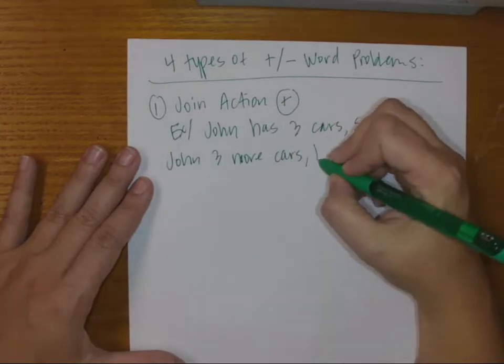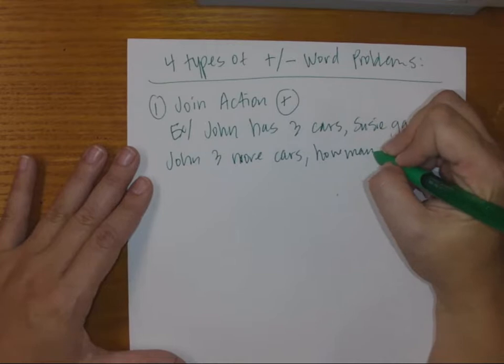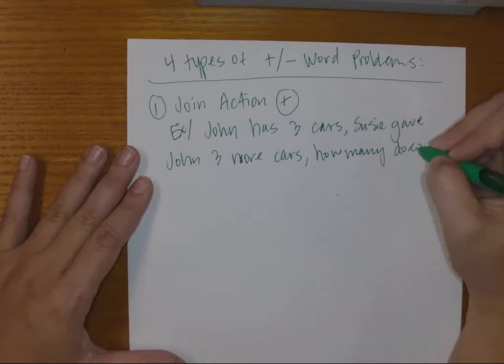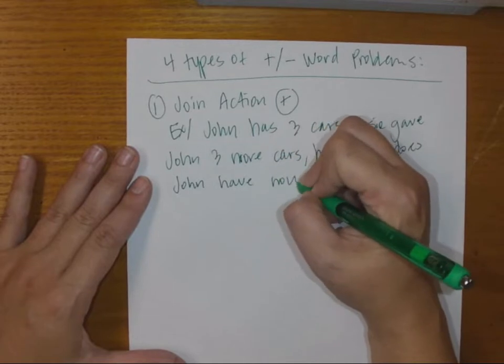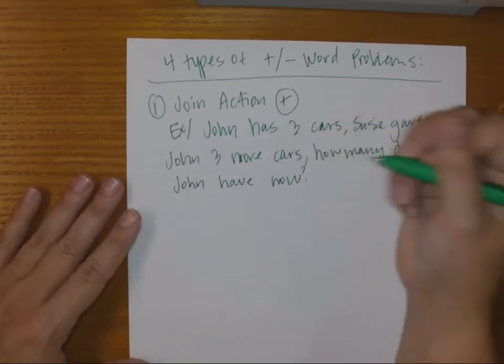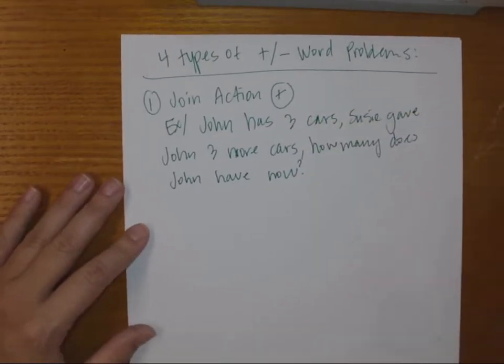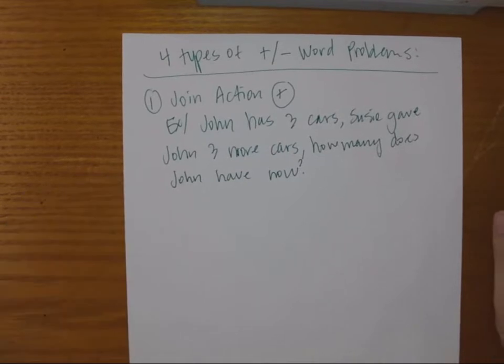How many does John have now? The number sentence would be 3 plus 3 equals 6.